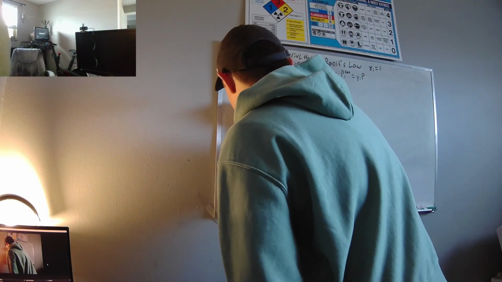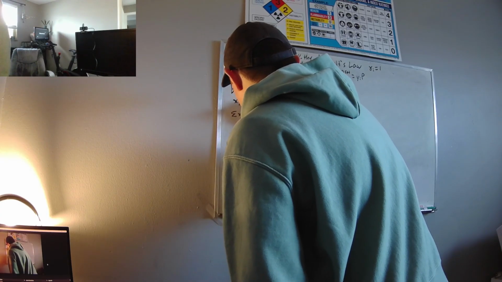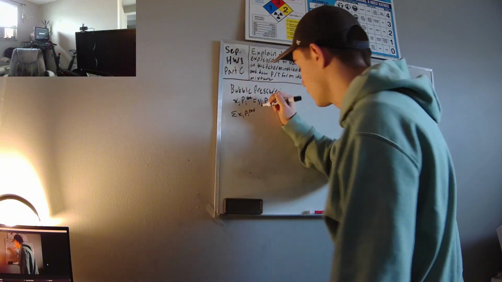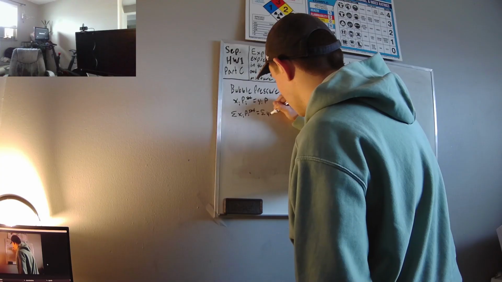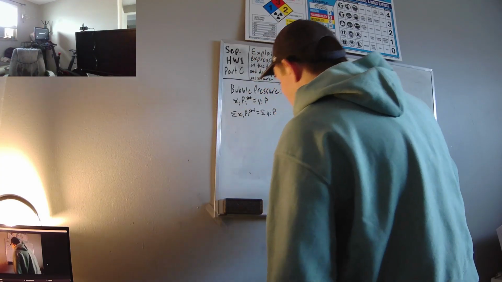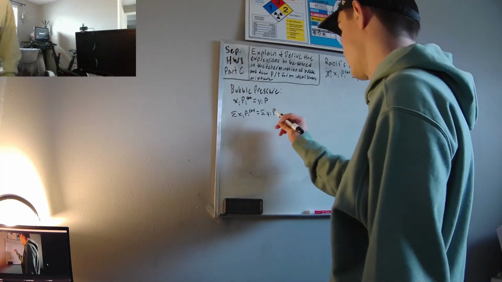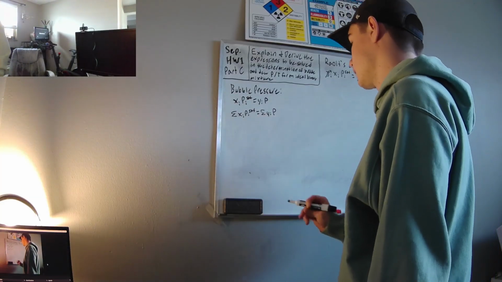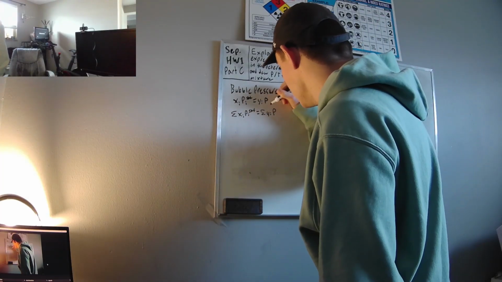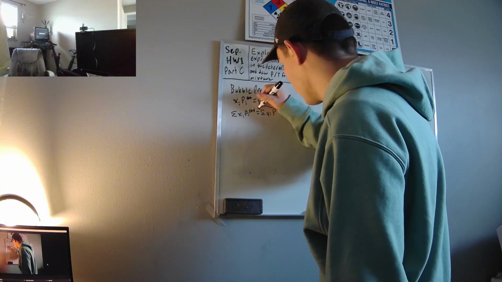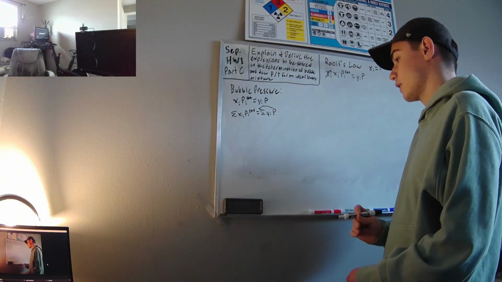What this yields is the sum of x_i P_i^sat equals the sum of y_i P. Now, we can go ahead and pull this P out of our expression because it's the total pressure. It is going to remain constant.